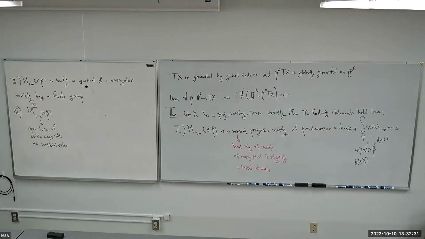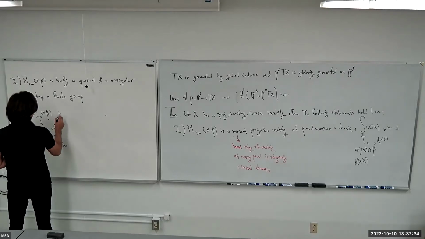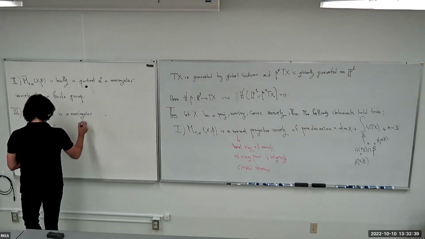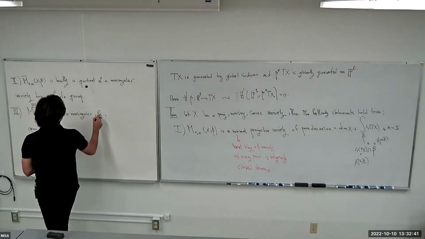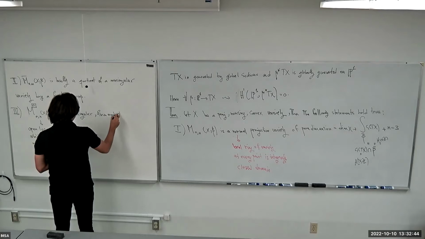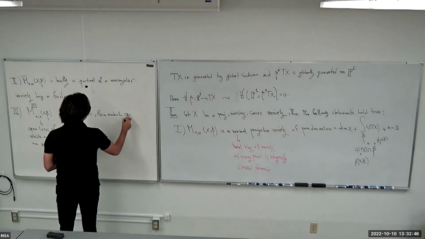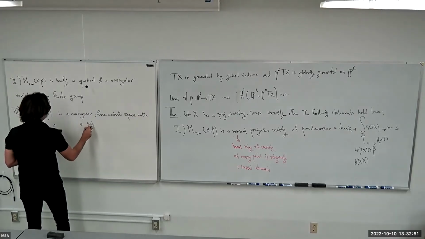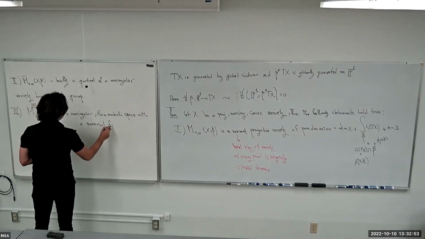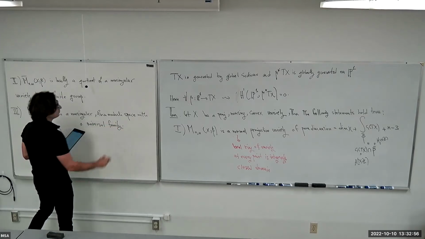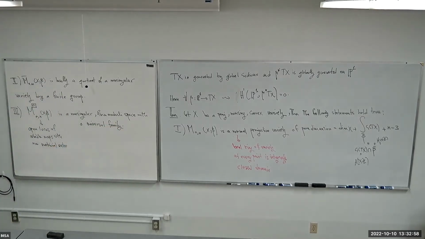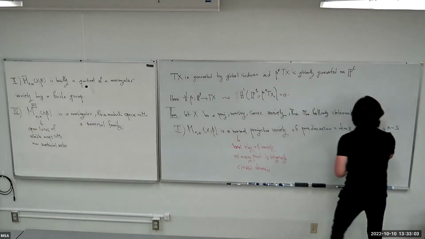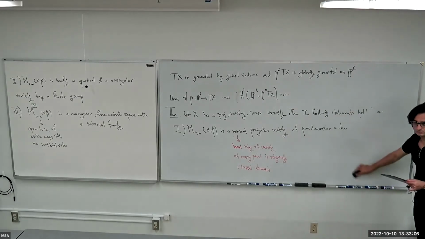M0n(X, beta) is a non-singular fine moduli space with the universal family. The part that doesn't have any non-trivial automorphisms is a fine moduli space. But it's non-singular.